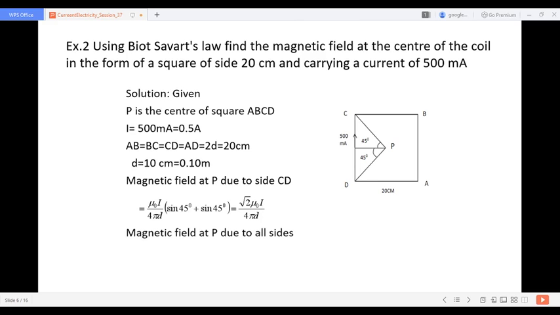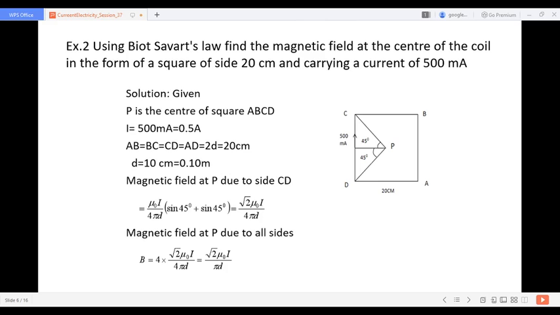Magnetic field at the point P due to all the sides: the above expression, root 2 mu naught I divided by 4 pi D, is the magnetic field produced by the side CD, but a square has 4 sides.